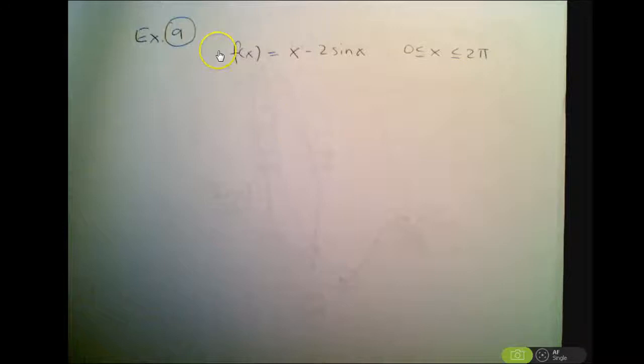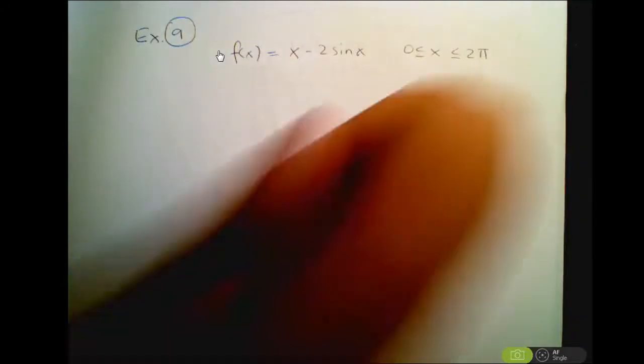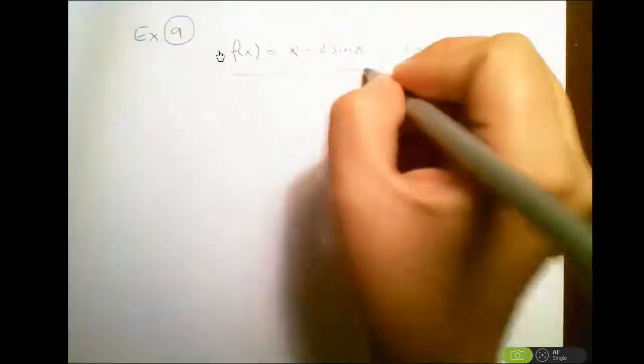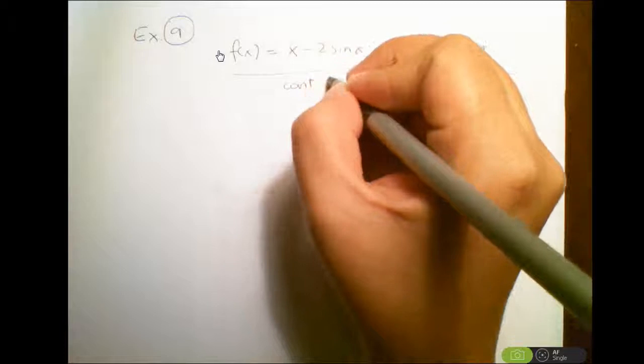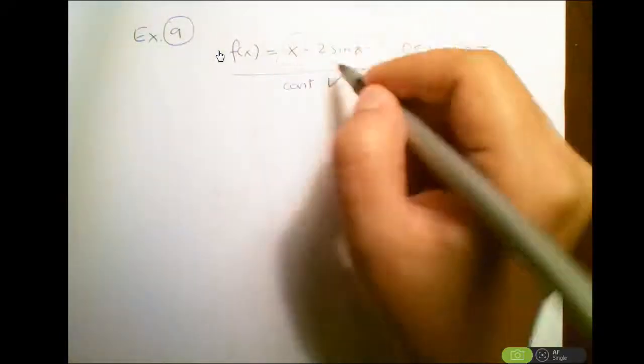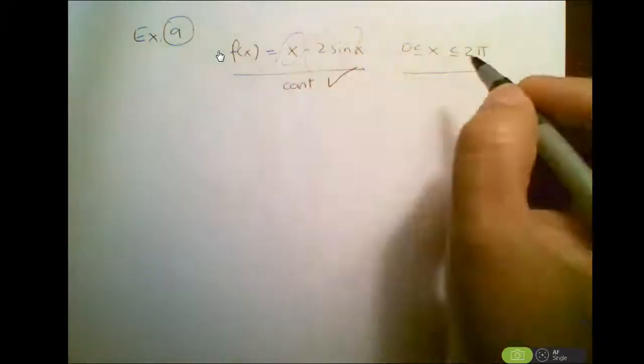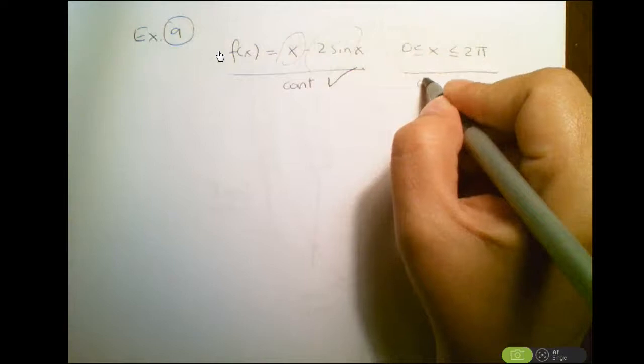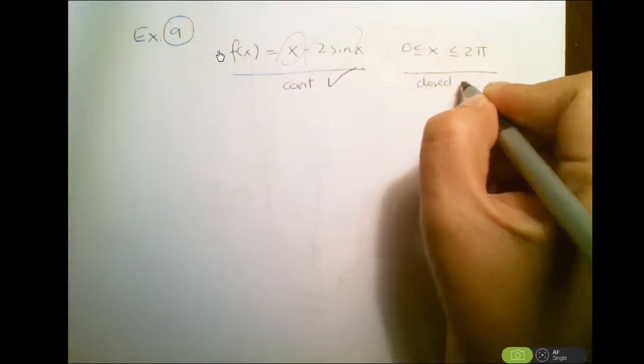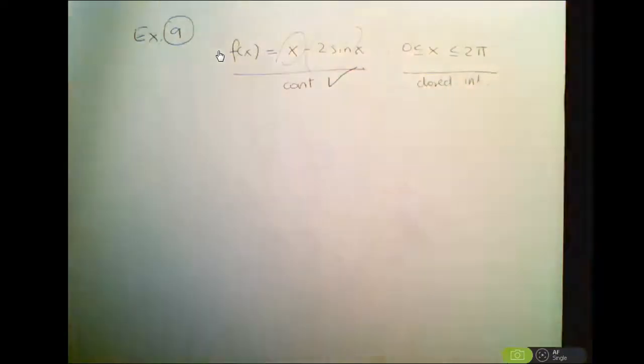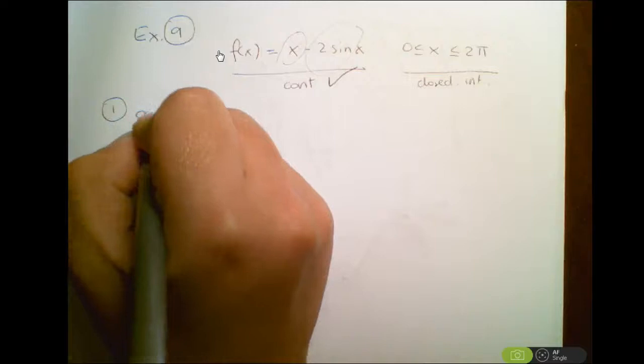Yay! Okay, so since we're talking about a closed interval and this is a continuous function, continuous, yes, because the difference is continuous, and this is a closed interval, then I can follow those 3 steps that I did before. So the first thing is finding my critical values.